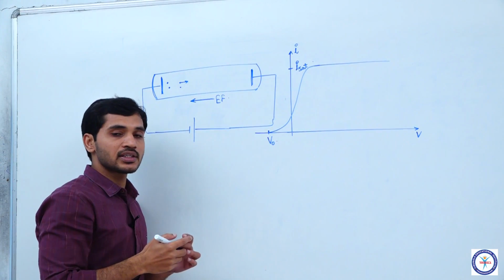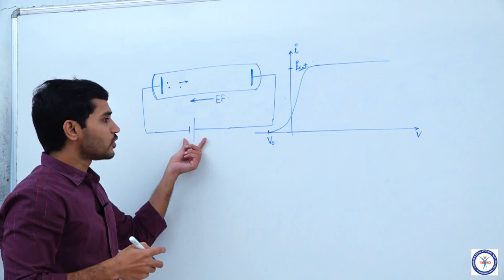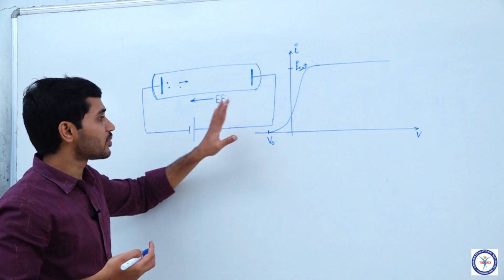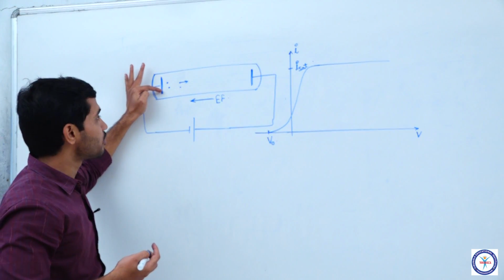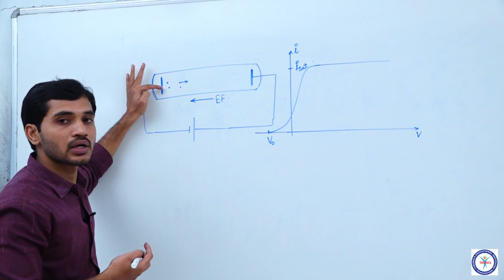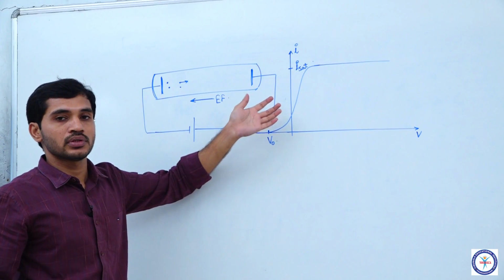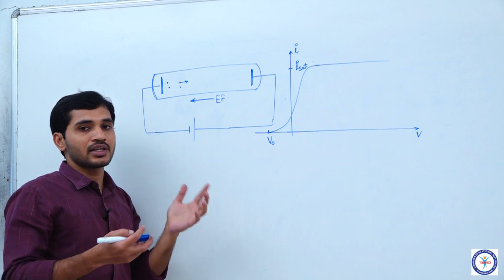Now, the reason why the current saturates is because if the value of voltage reaches a particular value, there might be a possibility that all the electrons which are being produced from the cathode are already reaching the anode. So, there is no point in further increasing the voltage. I will repeat this once again.